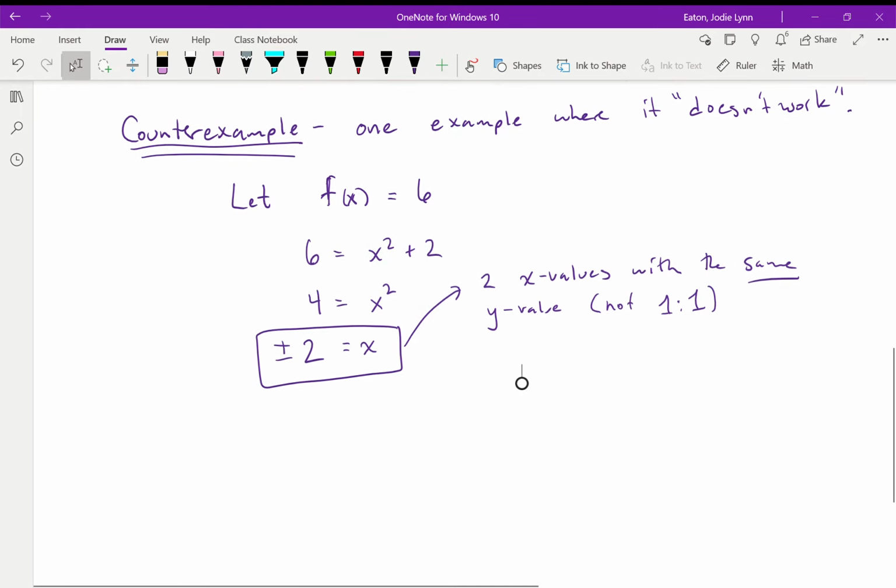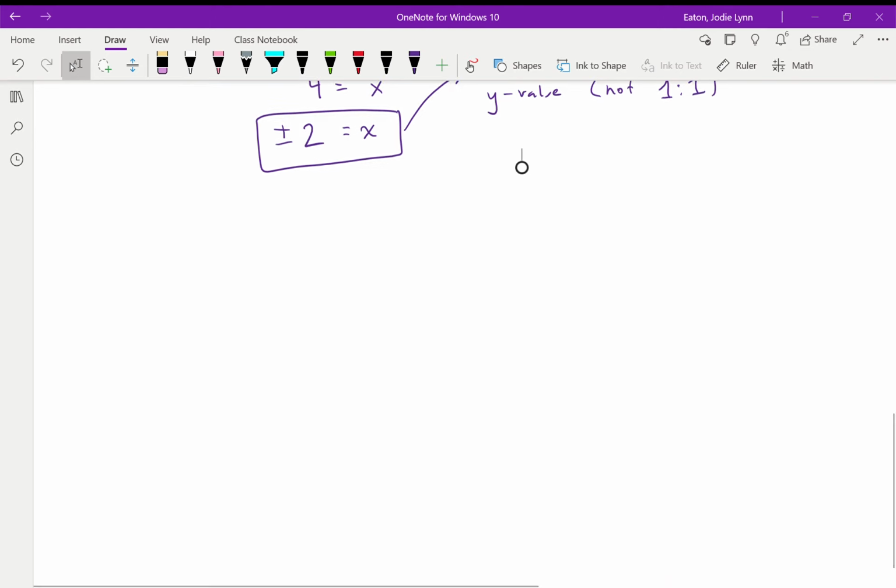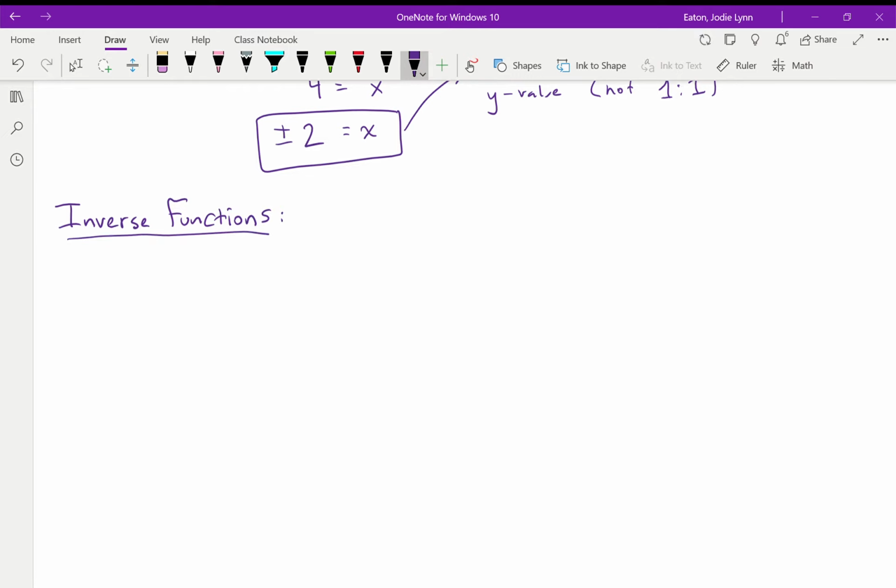Okay, so why do we care when functions are 1-to-1? Well, 1-to-1 functions allow us to define an inverse function that always works. It's possible to have inverse relations, so inverses that are sort of partial inverses. An inverse function is what gives you back the thing you started with.